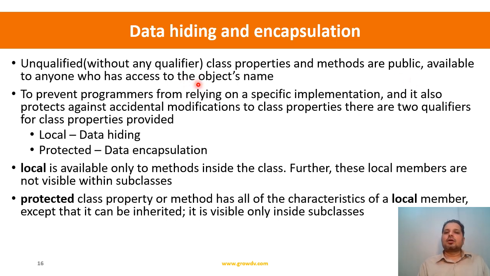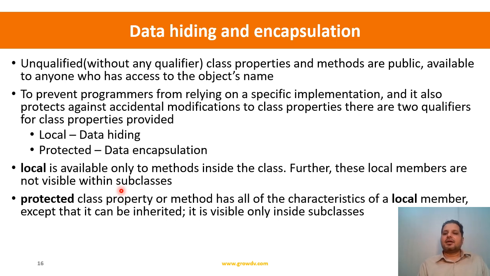So if you want to prevent that usage, there are two ways. This is the concept of data hiding and data encapsulation. You can add these two qualifiers before you declare the variable names. We will look at how you can do that, but for now let's understand the definition. The first is local. When you declare something as local, that particular method or property becomes only accessible inside that particular class.